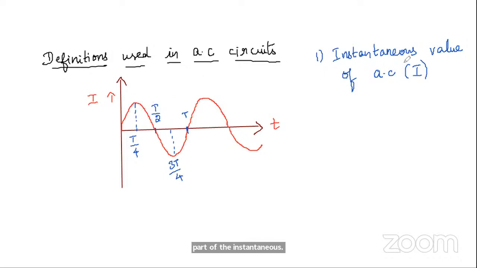In this example the current is varying sinusoidally, so the equation is given by I equal to I naught sine omega t. This is the equation for this graph because it is a sinusoidal variation of AC current.